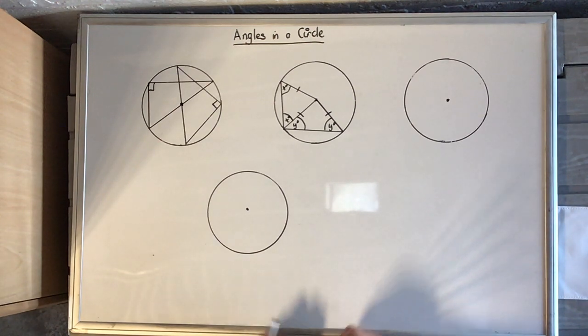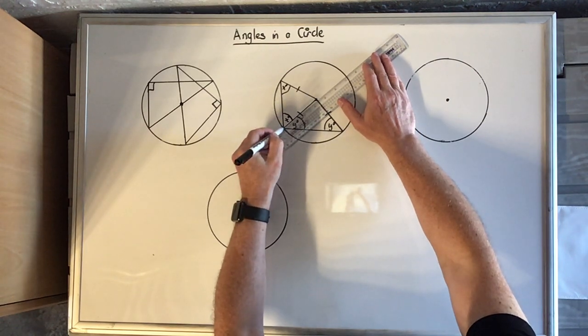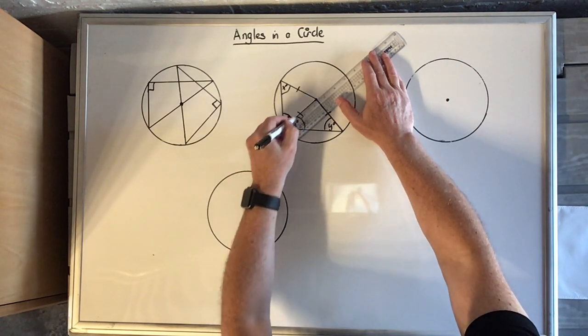Other thing we could do is we could take this radius and we could just extend that right up to here.